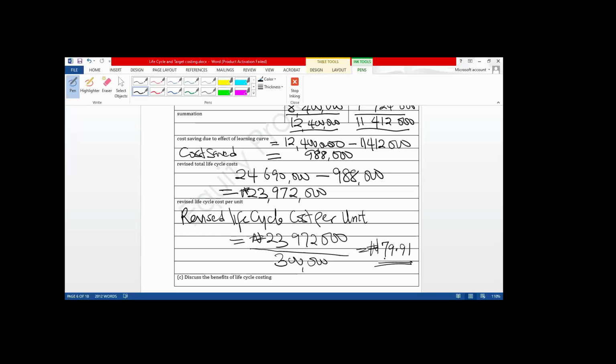Yes, Rose. So the place where you wrote revised total life cycle cost, 24,690,000 minus 988,000, the answer there is 23,702,000. So you have to erase that. Check your initial answer.